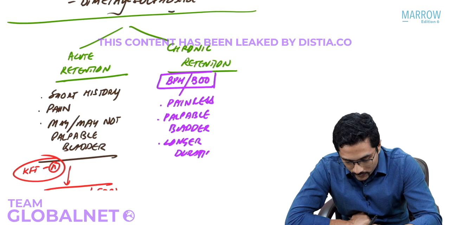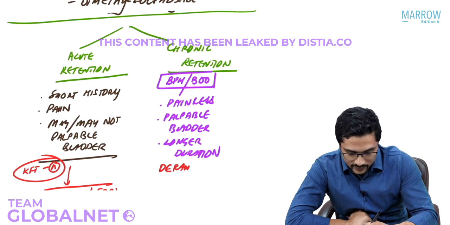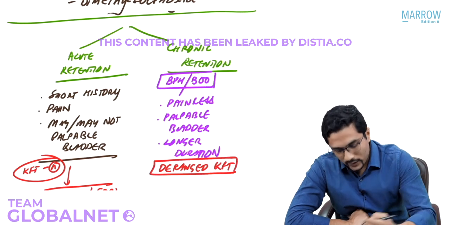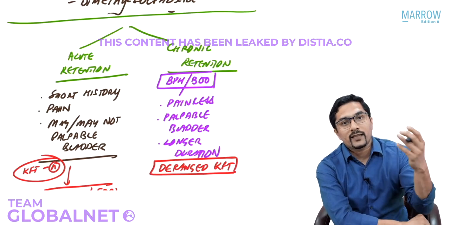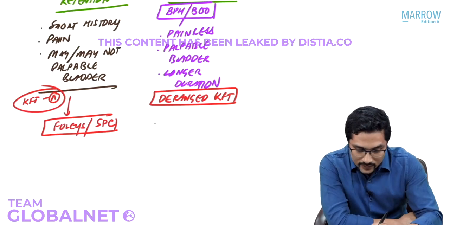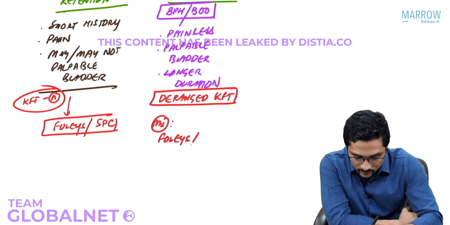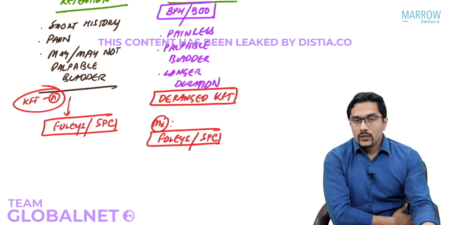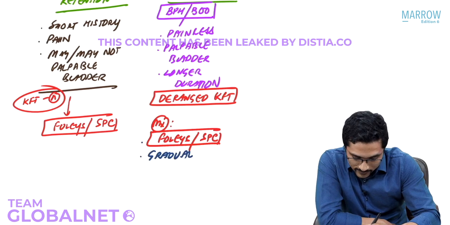But what is important in these patients is that the kidney function tests will be deranged. In fact, the urea would be much higher than the derangement in the creatinine. The management for these patients is also going to be a Foley's or an SPC, but gradual decompression should be done.